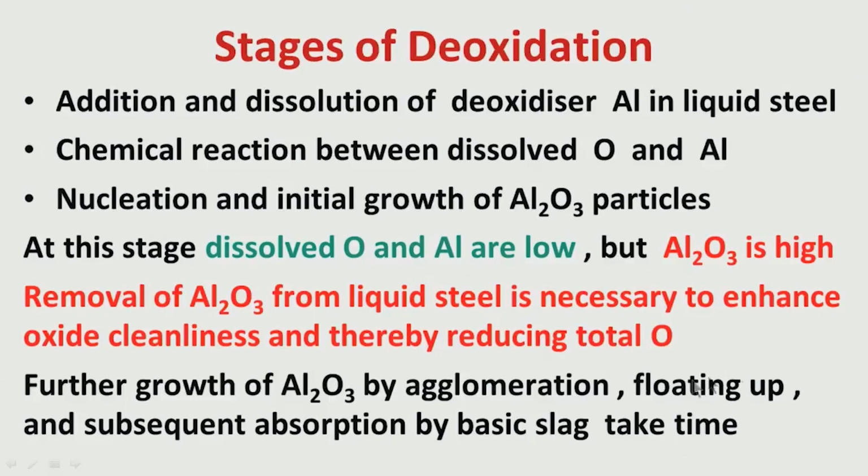But the growth of alumina, their floating up, and their subsequent absorption by basic slag are all time taking, and these are the rate controlling steps. So, we have to be careful how we enhance these stages.